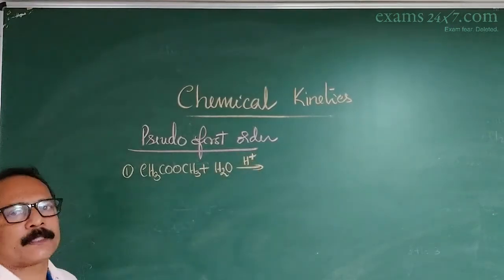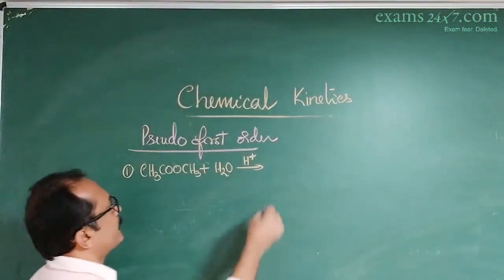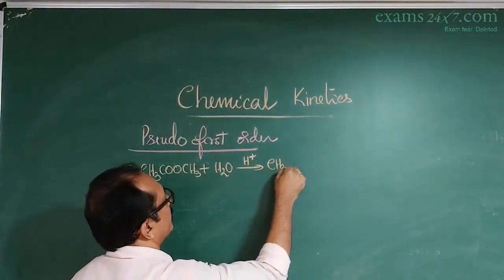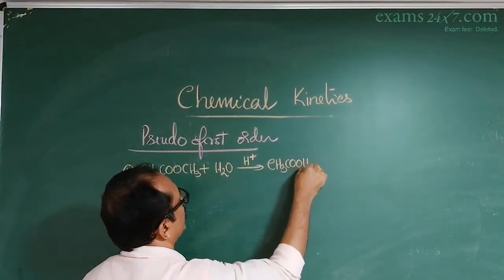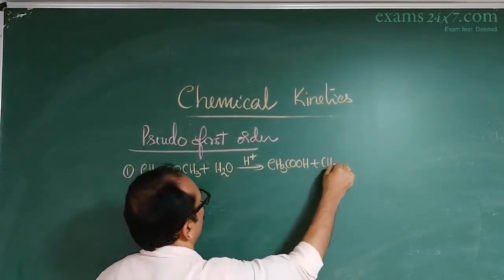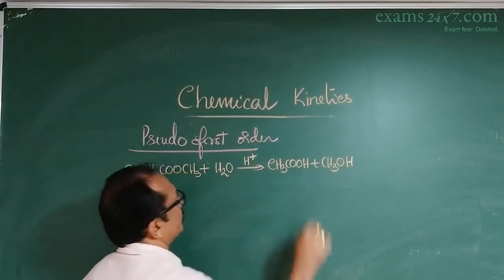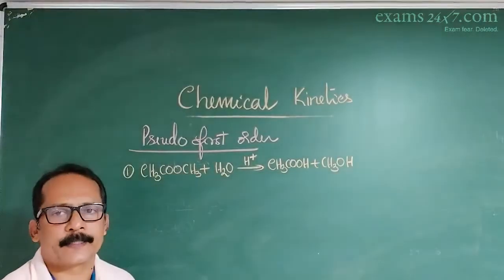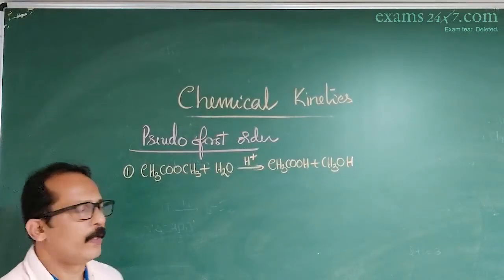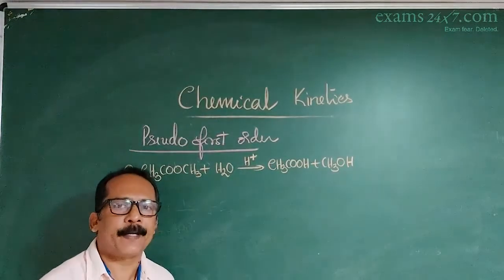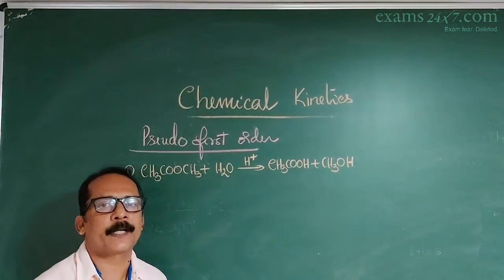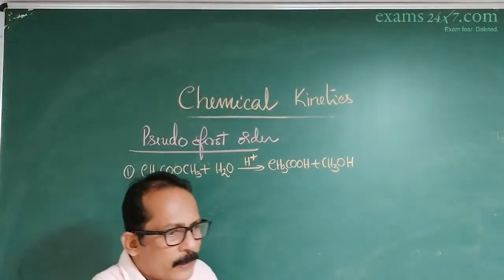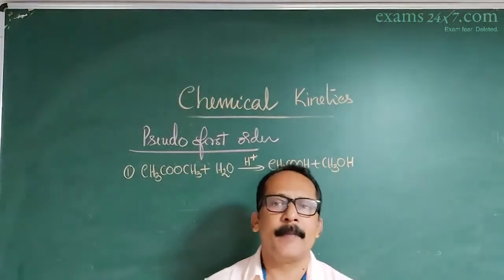The reaction is catalyzed by acid. It gives CH3COOH and methanol, CH3OH. Since water is taken in large excess, the rate of the reaction is independent of the molar concentration of water, as the strength of water practically remains constant.